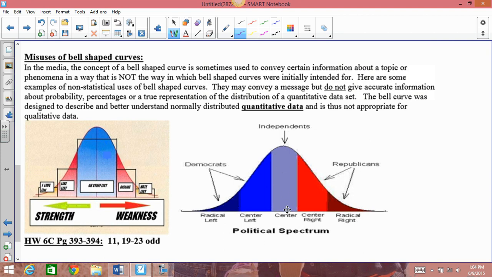Likewise, trying to show your political affiliation falling on a particular bell-shaped pattern is also not a good representation either. It is best used for quantitative, numerical data, not these word forms here. So that will conclude this section.